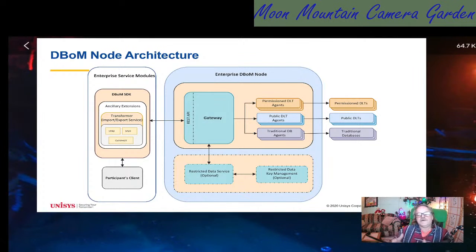The DBOM node doesn't care what type of repository you're using. Repositories have characteristics that lend themselves to different types of attestation sharing, but the DBOM node is independent from that. On the left-hand side, you see all of the enterprise services that different enterprises do with attestations.